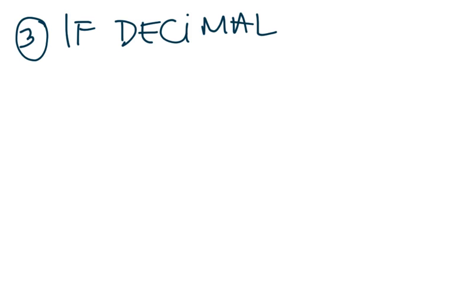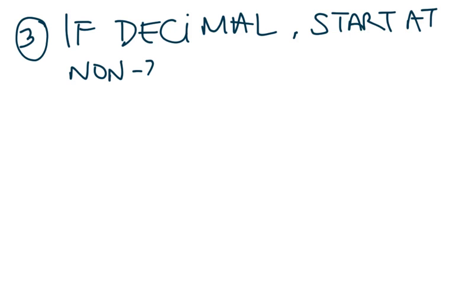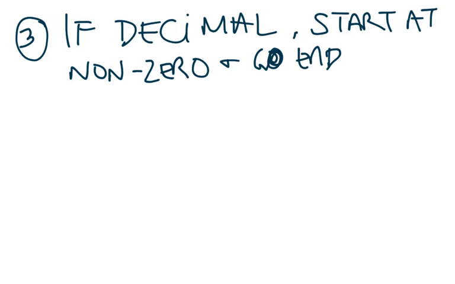Now, rule number 3. What about zeros at the beginning or the end? Okay, if you see a decimal, I don't care where the decimal is, you are going to start at the first non-zero, and you're going to go all the way to the end, no matter if they're zeros, non-zeros, or what.